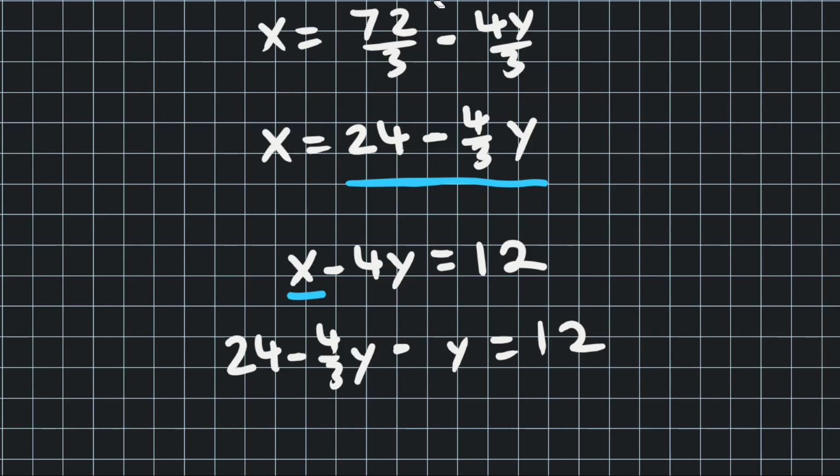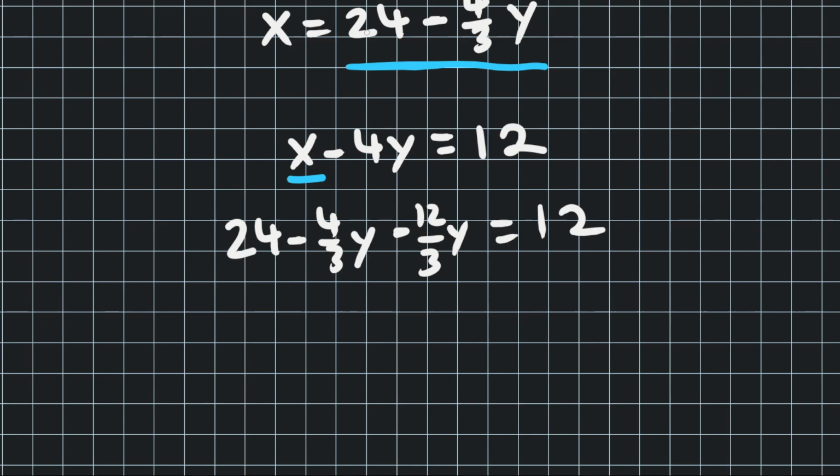So negative 4 is the same as negative 12 over 3. Let's keep writing this down: 24, and then minus 4 over 3y minus 12 over 3y is minus 16 over 3y equals 12.